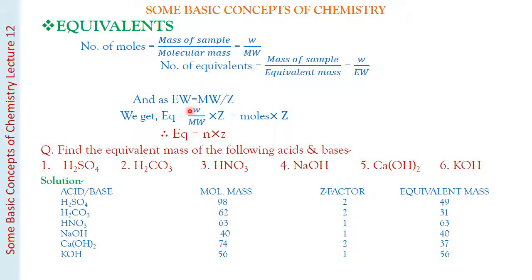And what is mass divided by molecular mass? This is nothing but the number of moles. So we get number of equivalents equal to number of moles multiplied by the Z factor.